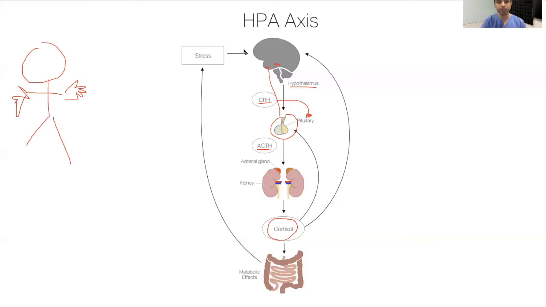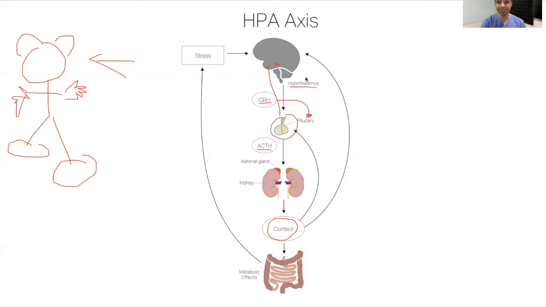But if this person sees the bear, I mean, this is a horrible bear. Anyways, but you get the picture. And so if the person sees the bear, they have to get ready to fight. They have to get ready to run, to fight, flight, or freeze, right? And most of the people will fight or flight.